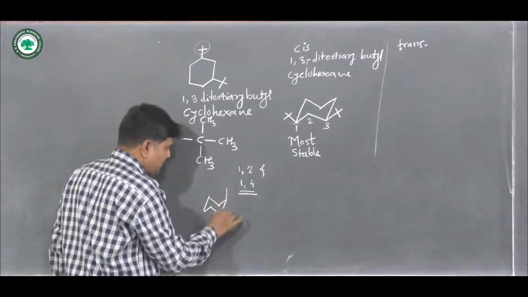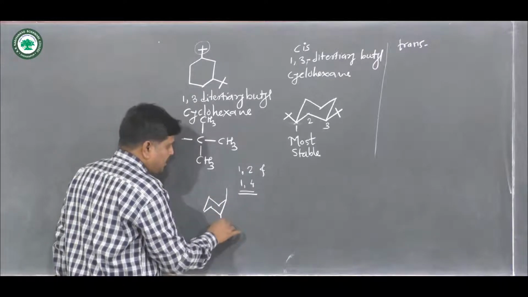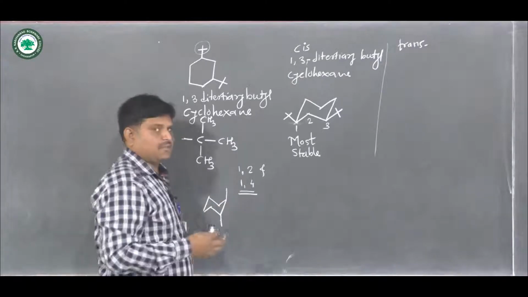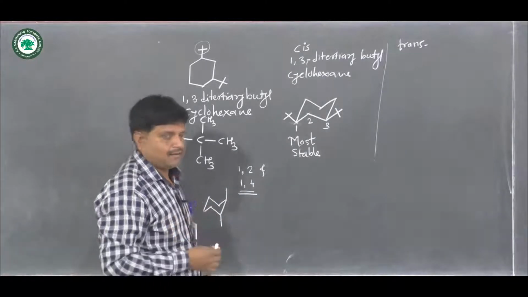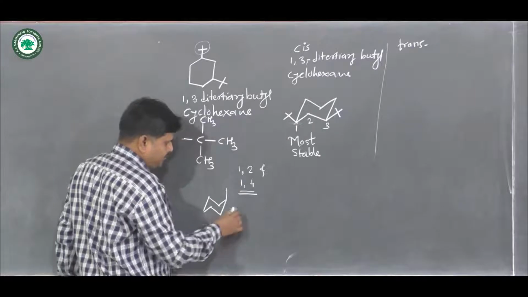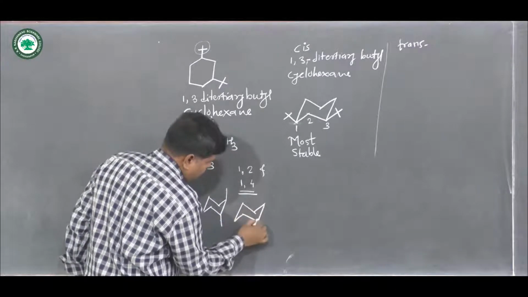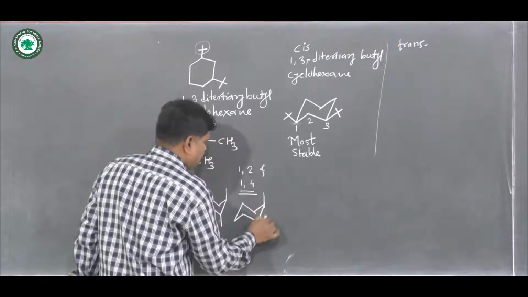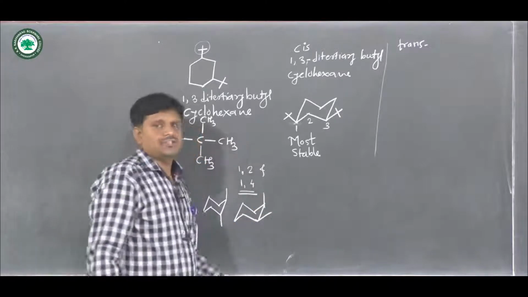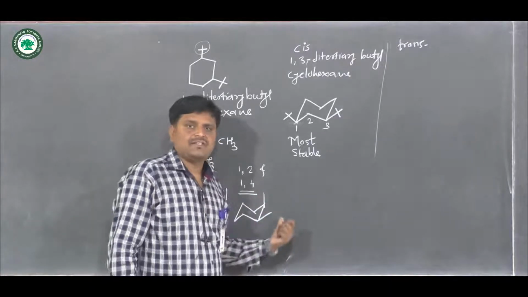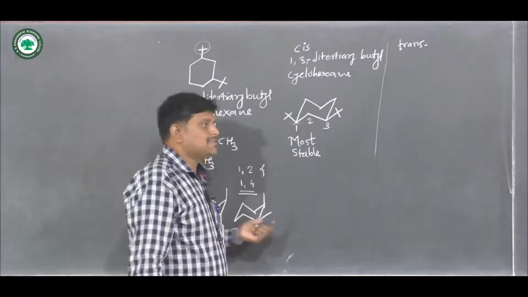Suppose this is 1 and this one is the 2 position. Here both bonds are trans to each other, meaning these are the diaxial positions. In another disubstituted compound, the cis position contains one bond axial and one bond equatorial. So this is the cis condition.